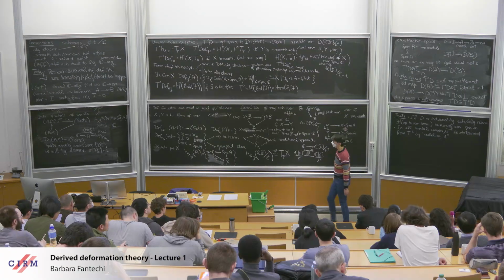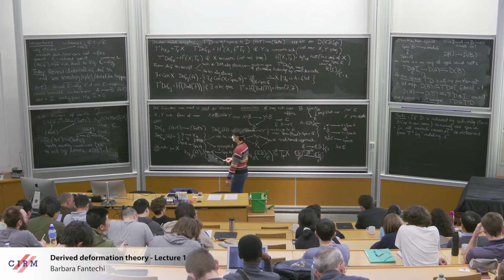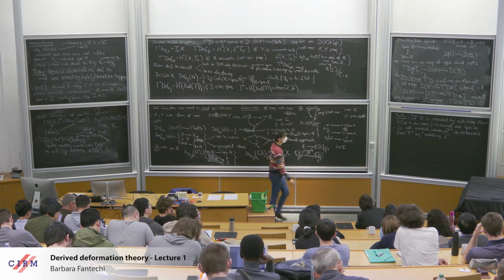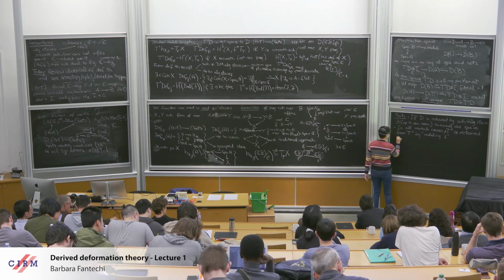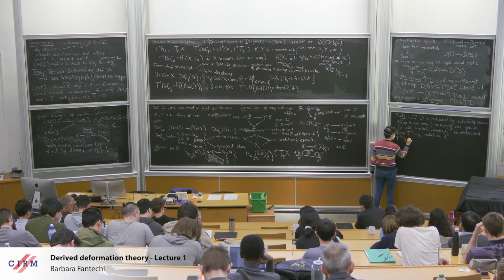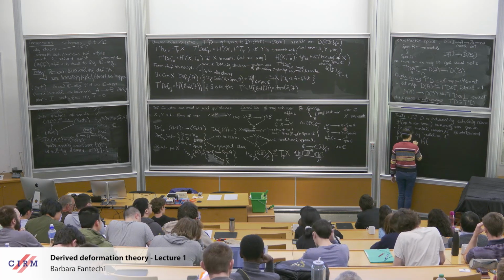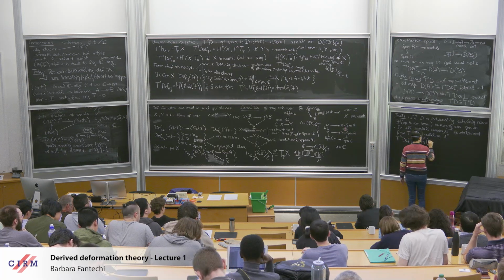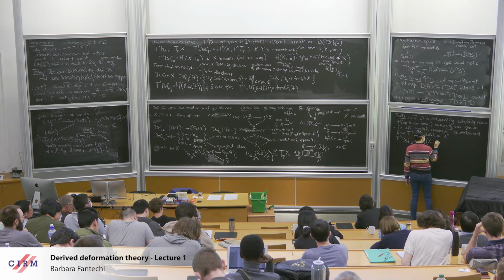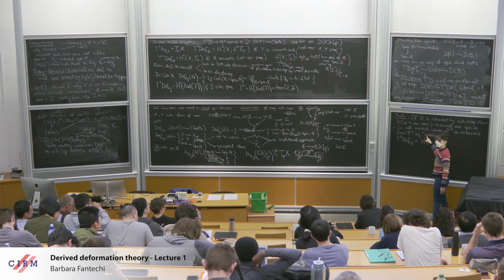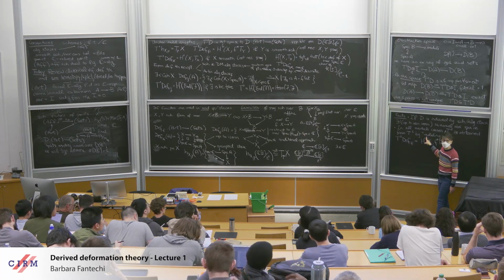It means that, for instance, I can take T2 of Def F to be chosen as the pullback of T_Y. Here I have an H0 and I put an H1.